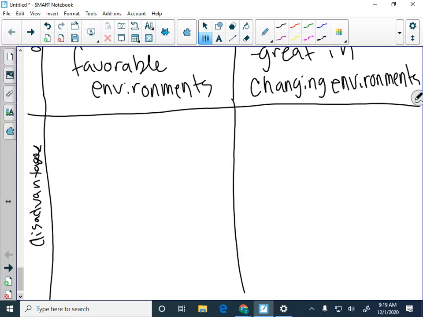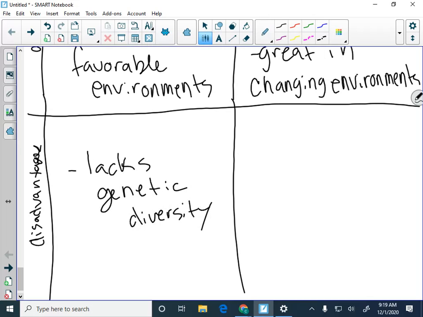So asexual reproduction lacks genetic diversity. If this yeast cell that can survive in acidic but not hot environments reproduces asexually and has a kid that is genetically identical, that kid could not live in this environment because it can't stand the hot.